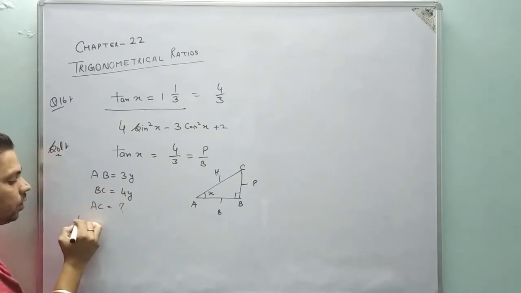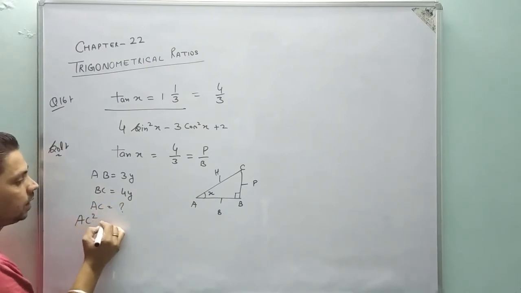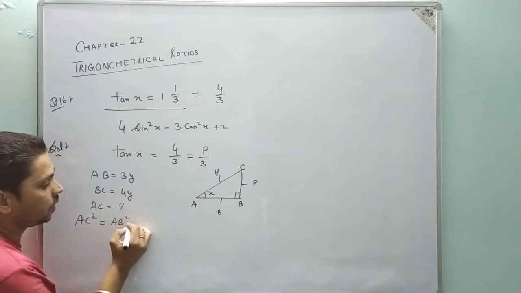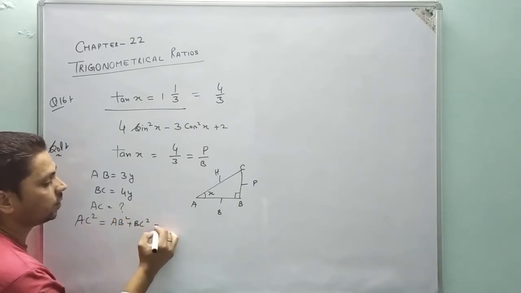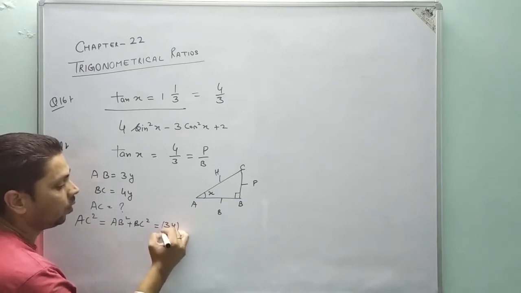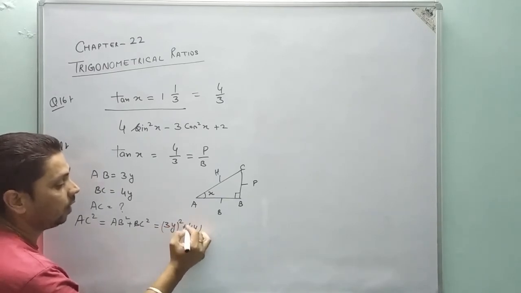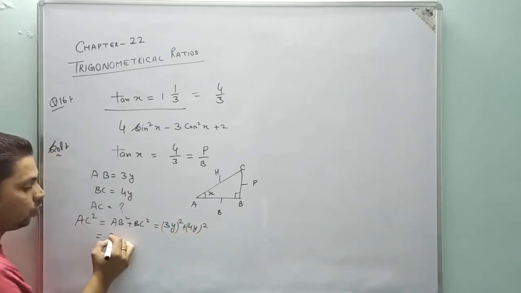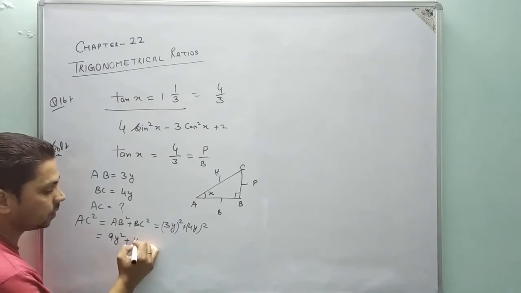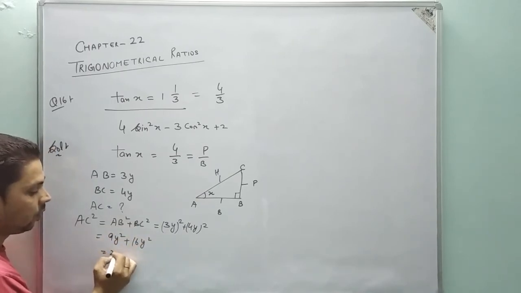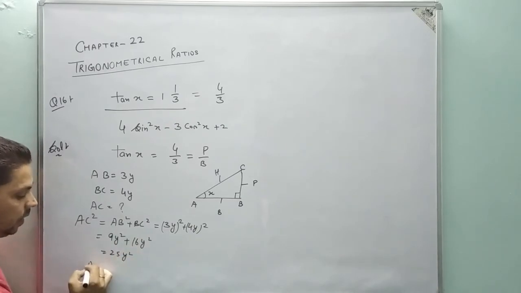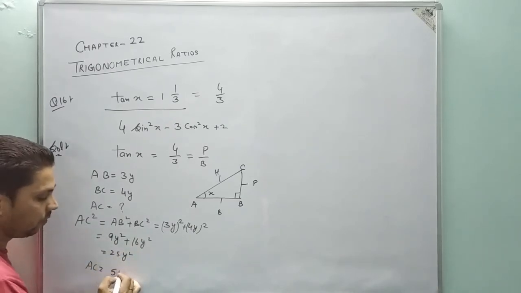So apply the Pythagoras theorem. AC square is equal to AB square plus BC square, which is equal to 3y whole square plus 4y whole square, that is equal to 9y square plus 16y square, 25y square. So AC is equal to 5y.